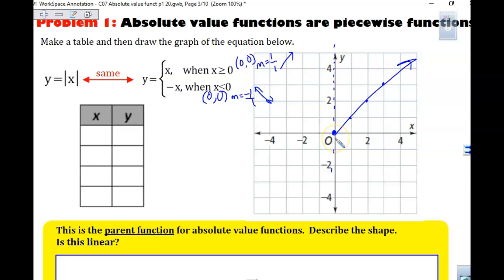So when we look at this, we are not going to go down this way because we're only looking at the values for negative. This was only my positive. Here, we are only looking at this part, right in here. So if I get a negative slope starting at 0, 0, that means up 1.